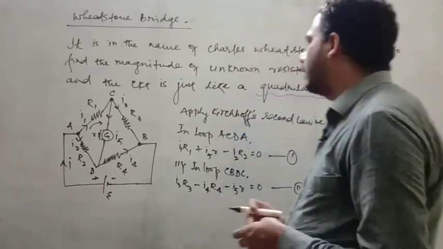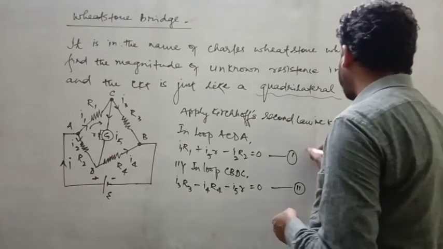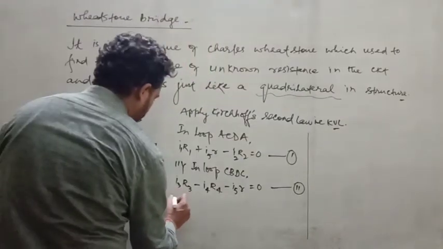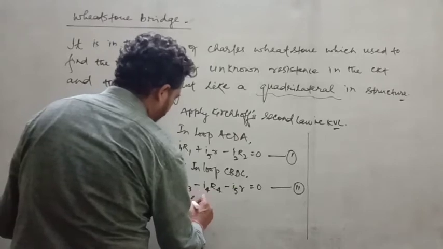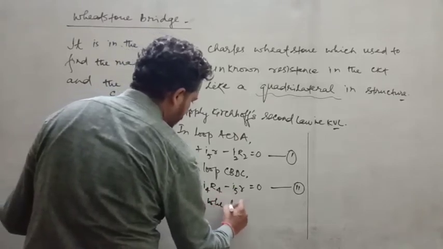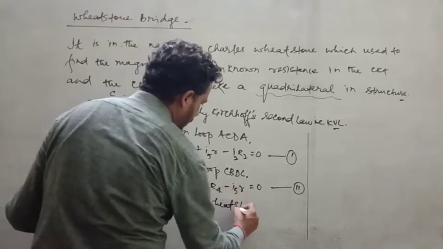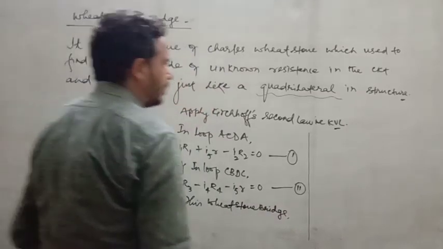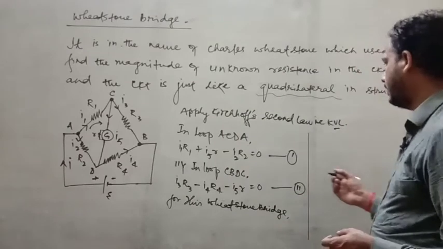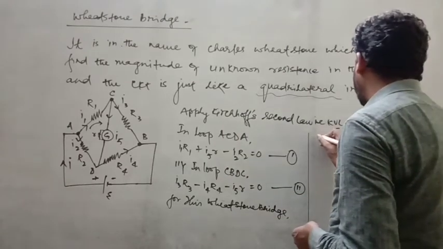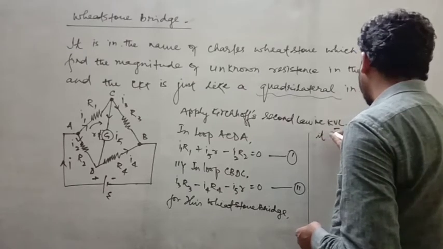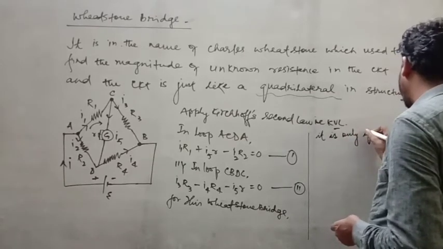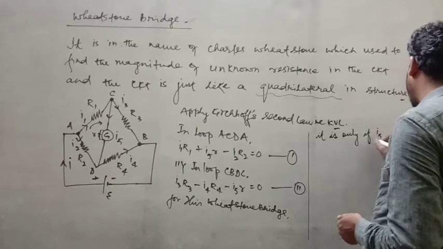So for this Wheatstone bridge, it is only if I5 is equal to 0.